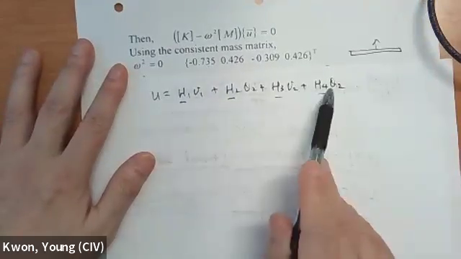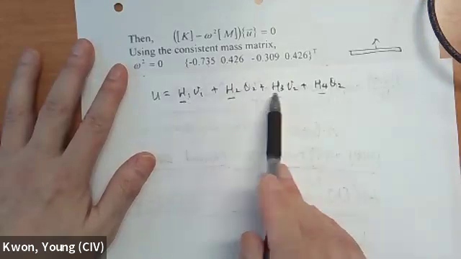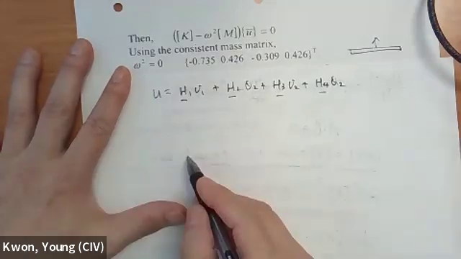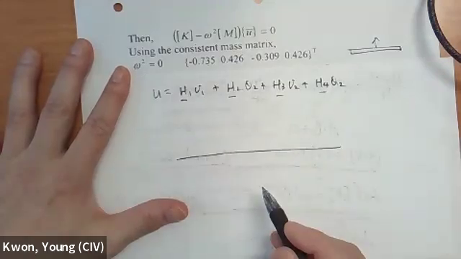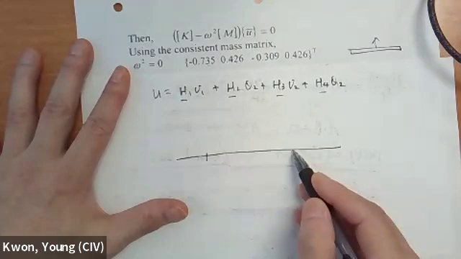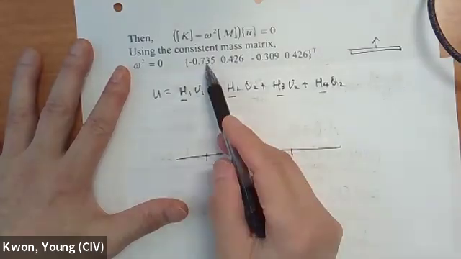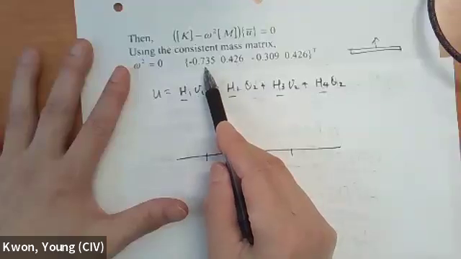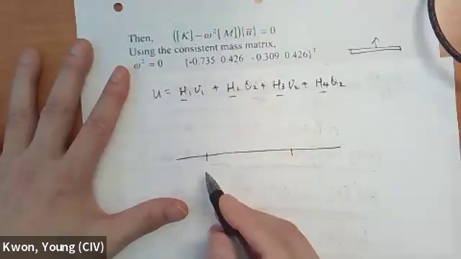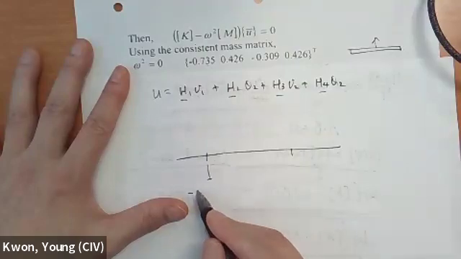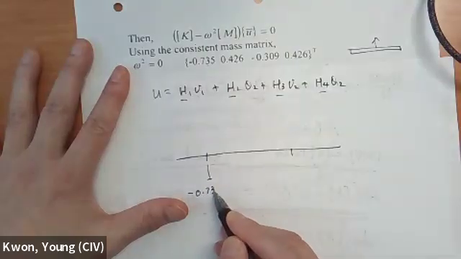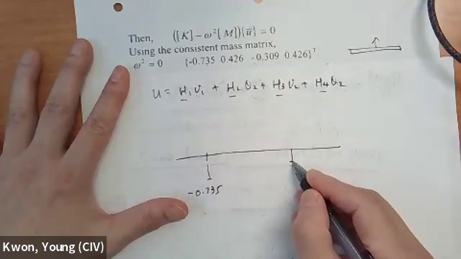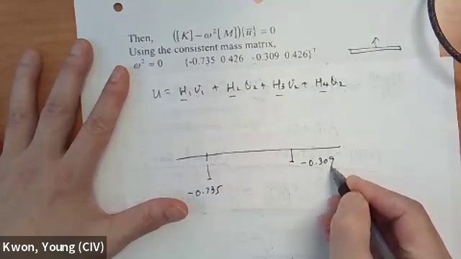If you plug this one here with H1, 2, 3, 4 in chapter 8, and you plot it, then I can show here that's the 2 point. So here, this is the V1. V1 is negative, so you got negative 0.7375. And this one, you got negative 0.309.